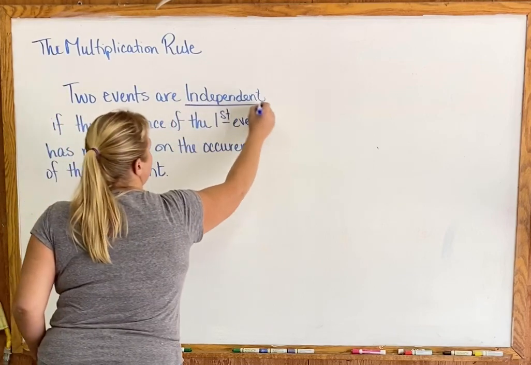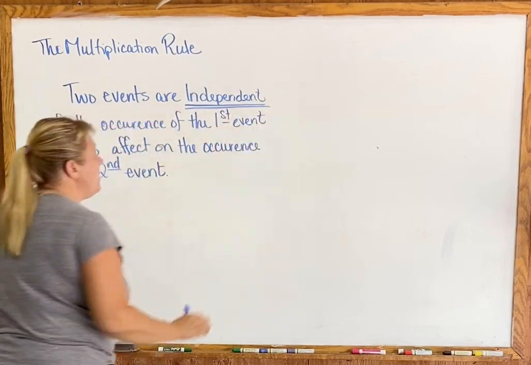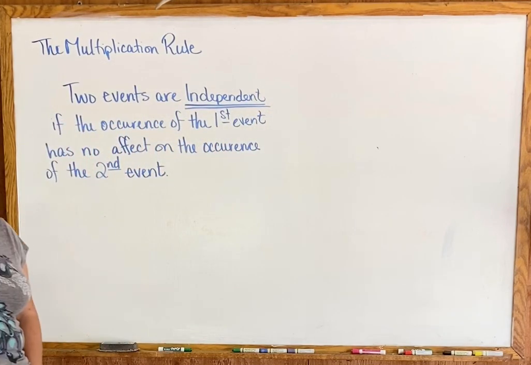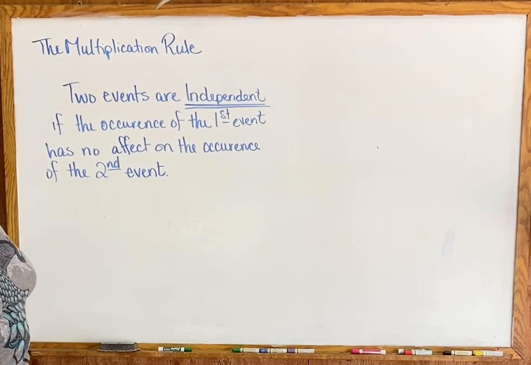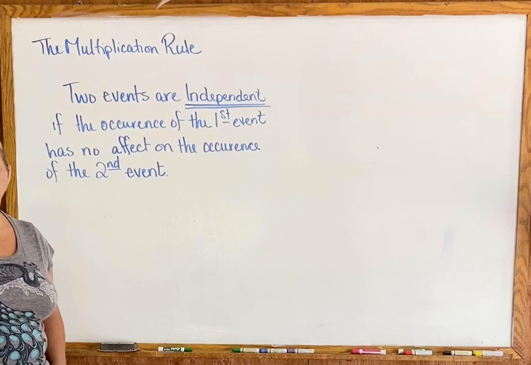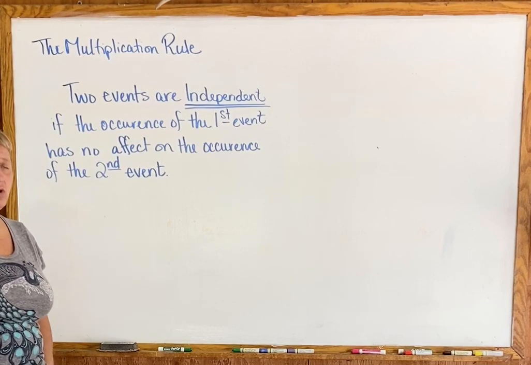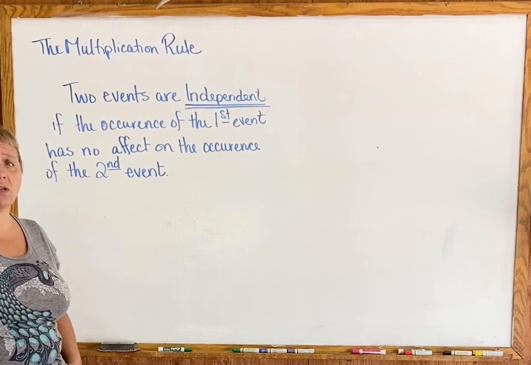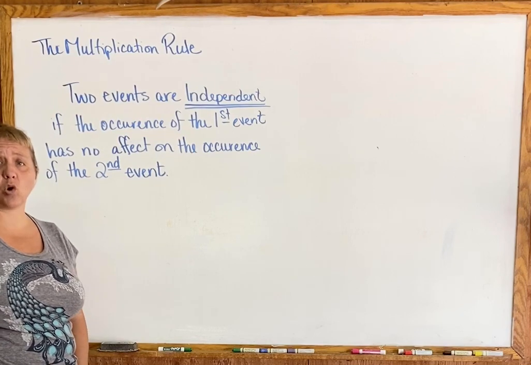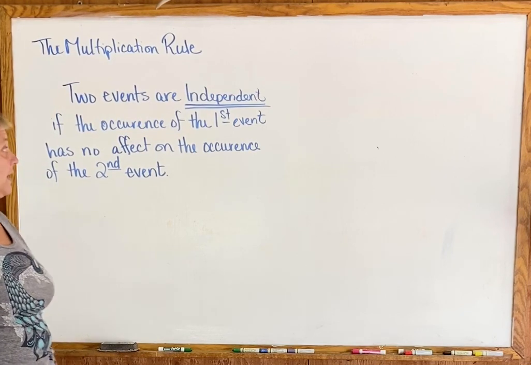Okay, so independent. Now, I know that we have used the word independent before, and yes, we are using it again. Sometimes, in different subjects, words get used too often. This independent, though, is possibly the most important word we will learn this whole entire class. We'll talk about that in a little bit.